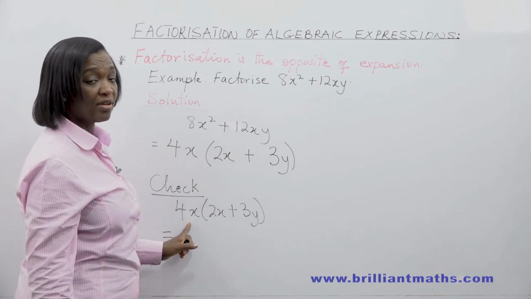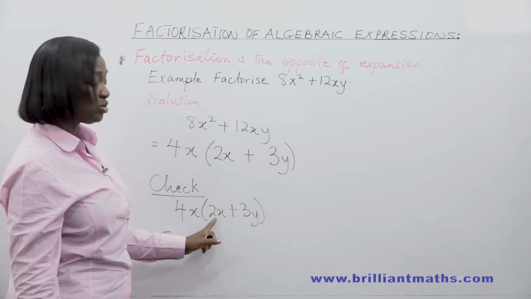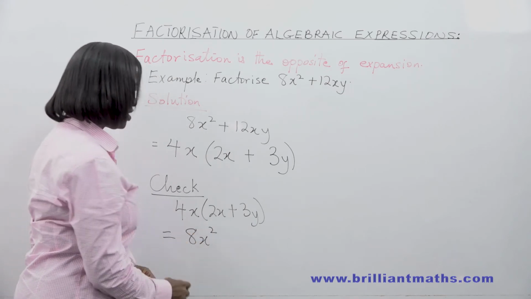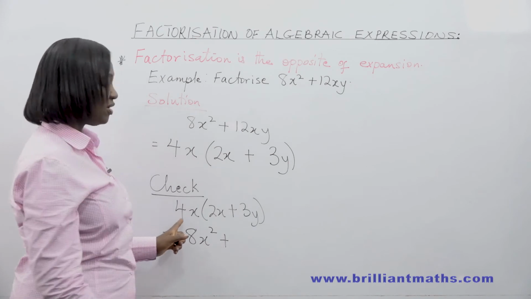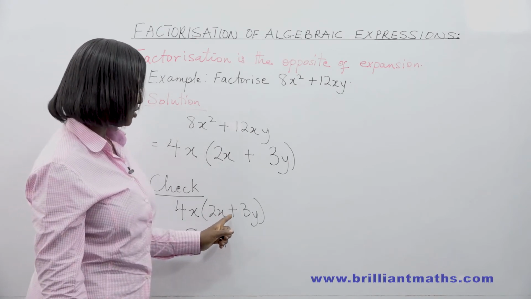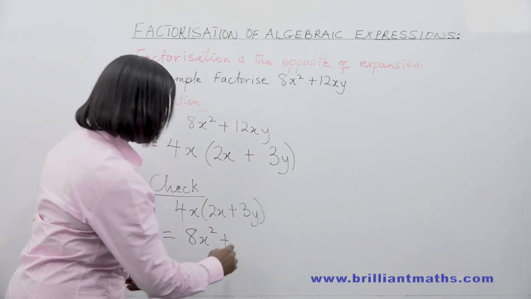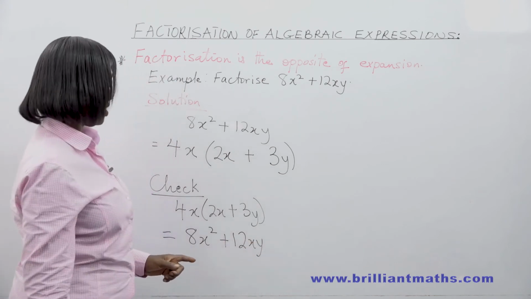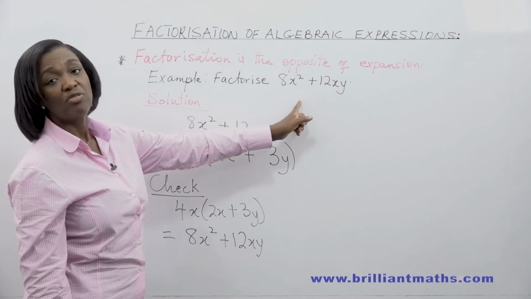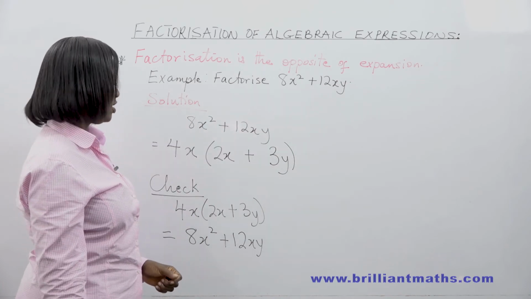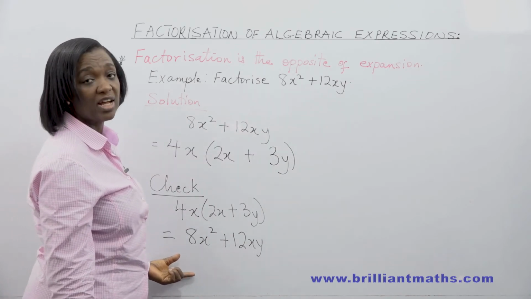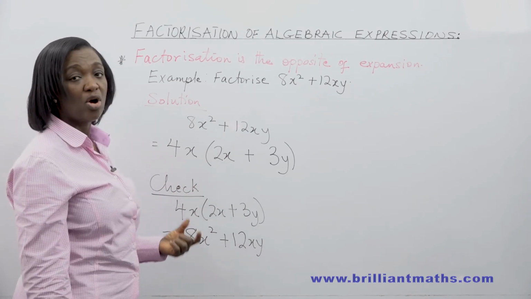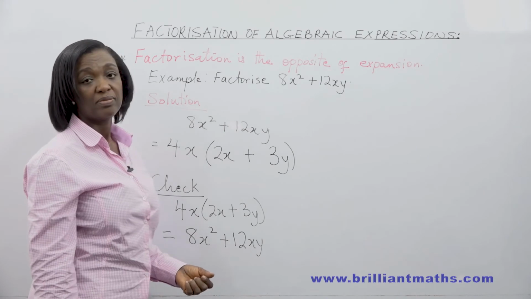We multiply. 4x times 2x will give us 8x squared plus 4x times plus 3y will give us 12xy. And that is the same as the original question we had. So we can confidently say that factorization is the reverse or opposite of expansion.